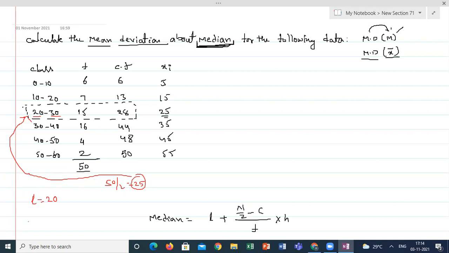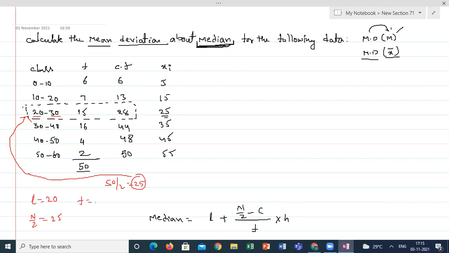So what is the N by 2 value? N by 2 is equal to 25. And what about C here? What is the meaning of C here? F is the corresponding frequency. F is equal to how much here?